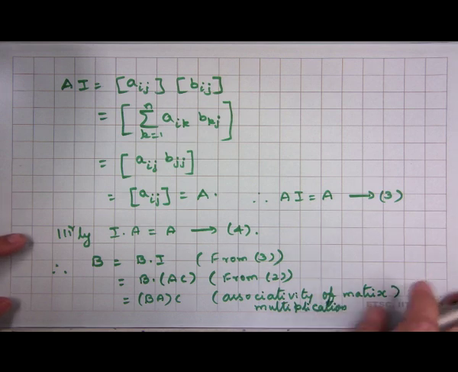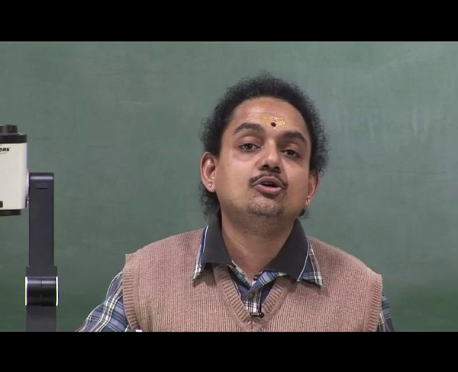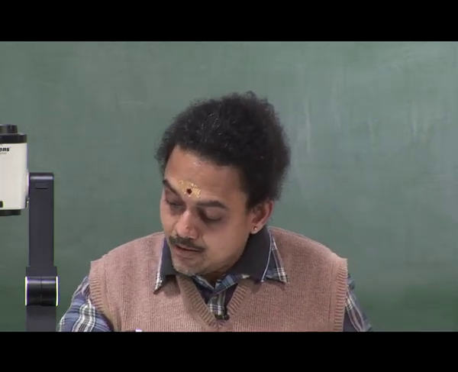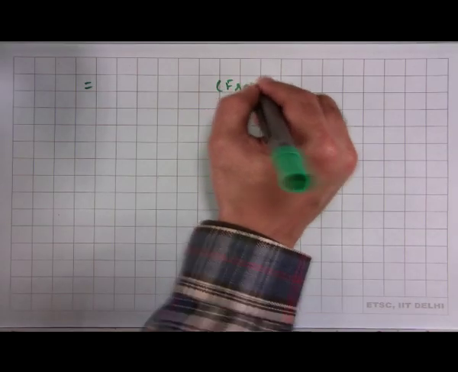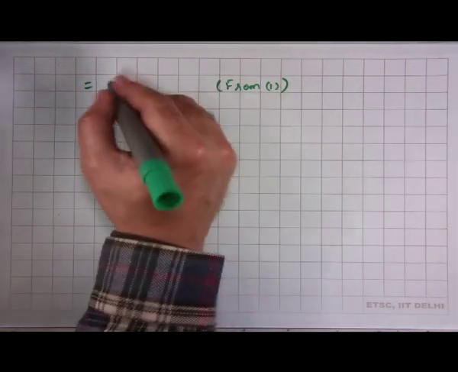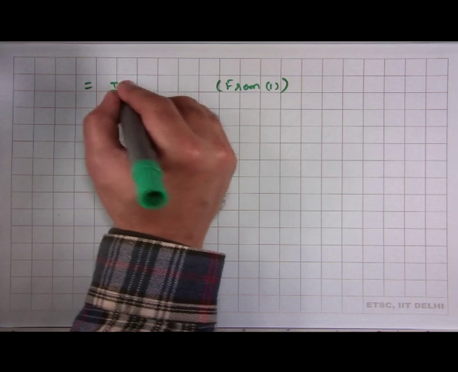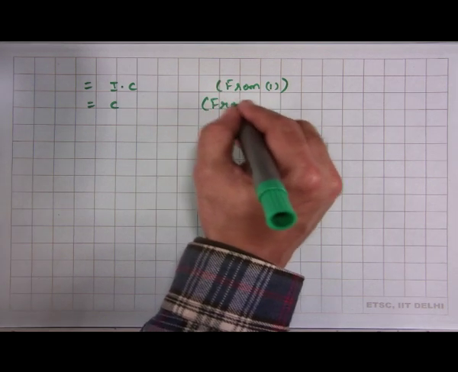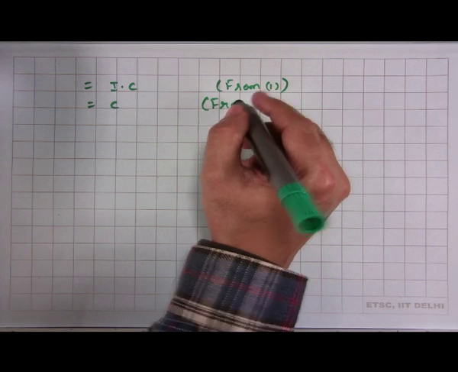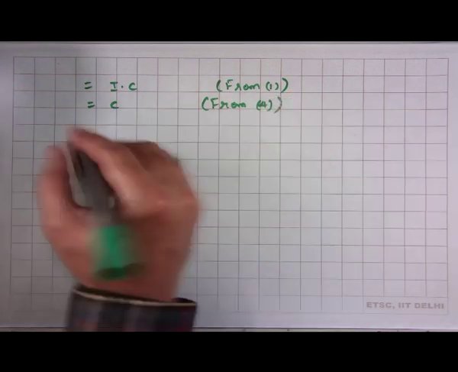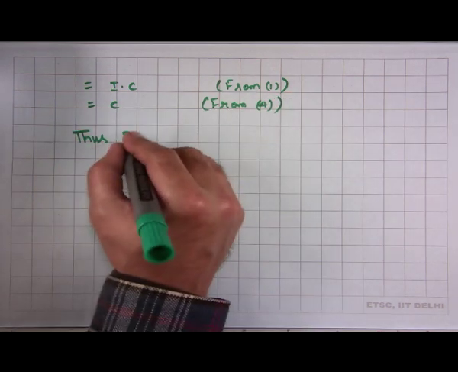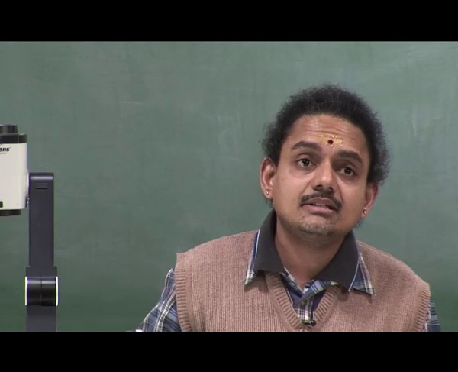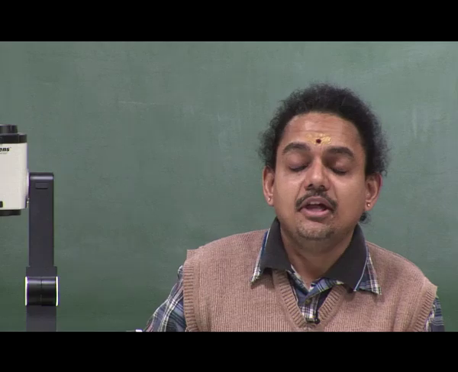First one that we used is equation 3, second one is equation 2, and finally what we have used is the associativity of matrix multiplication. But from equation 1, BA is just I, so I times C, but I times C is C, this follows from equation 4. Thus, B equal to C. What we have shown is that the inverse of a matrix, if at all it exists, is going to be unique.